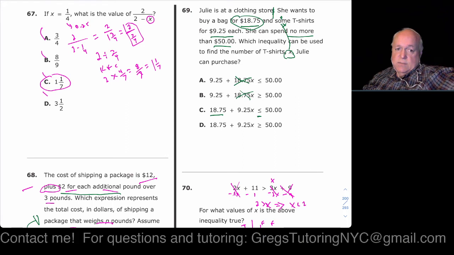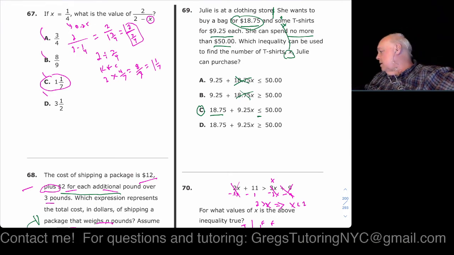So that's C. She's going to buy a certain number of t-shirts that are $9.25 each, X represents the number of t-shirts, and she has at most $50 to spend. So there we go.